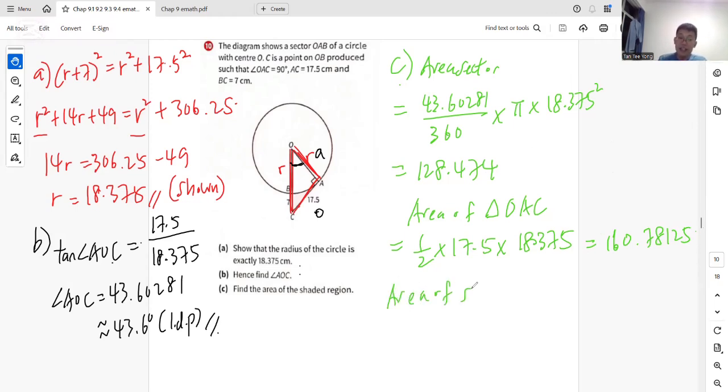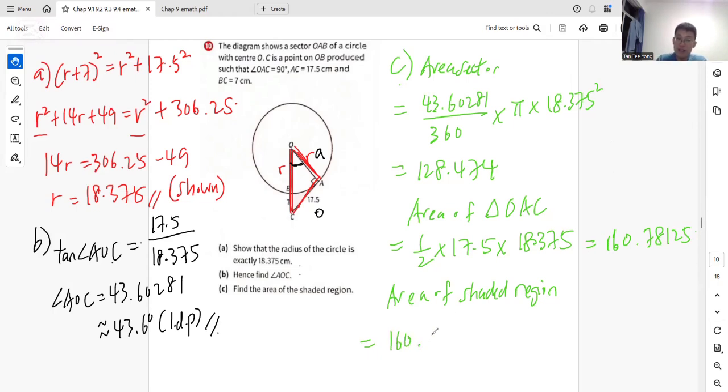Just minus to find the area of the shaded region. So area of shaded region equals 128.474 minus, the other way around, you have to use the area of the triangle, it's obviously bigger.